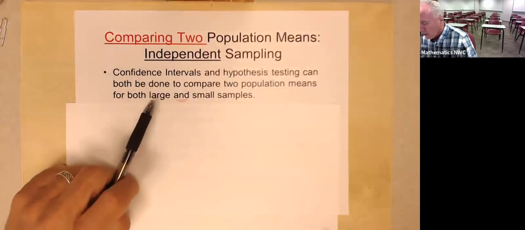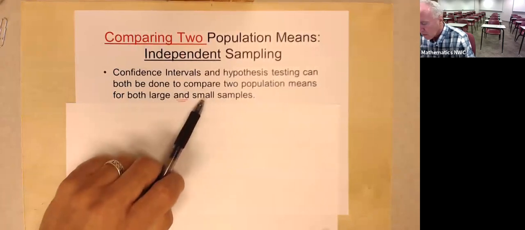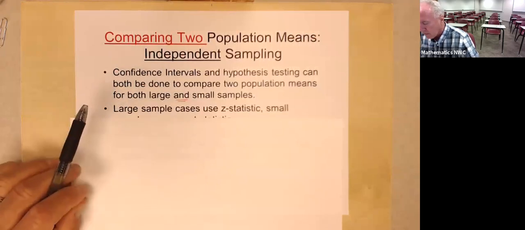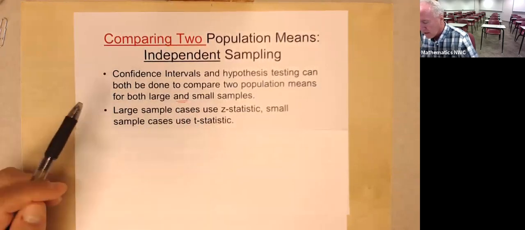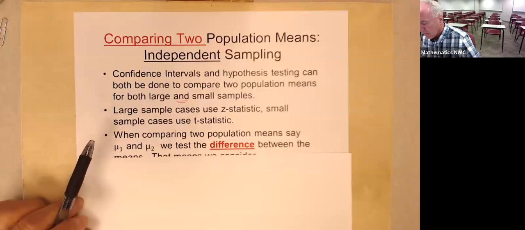We can do it for large samples, which would mean we're using, again, like we have in the past, z-scores. But I could also use it for small samples. And like we did in the past, that would indicate that we're going to use t-scores. So that's not that much new. Large sample z statistics, small sample t.